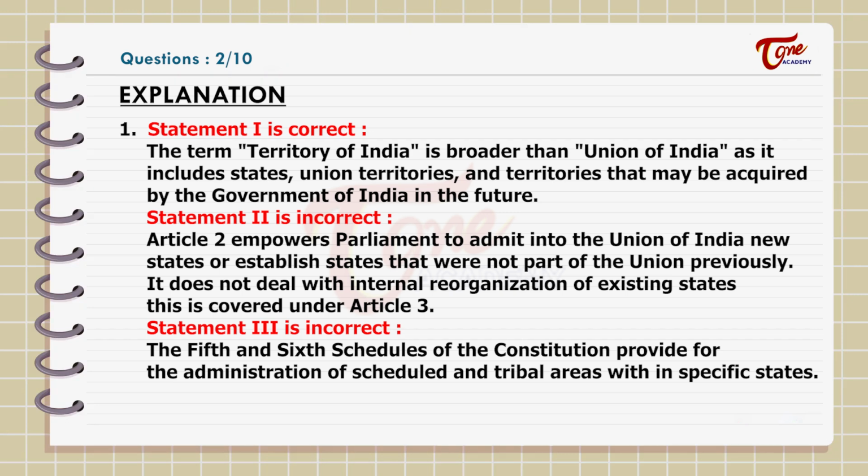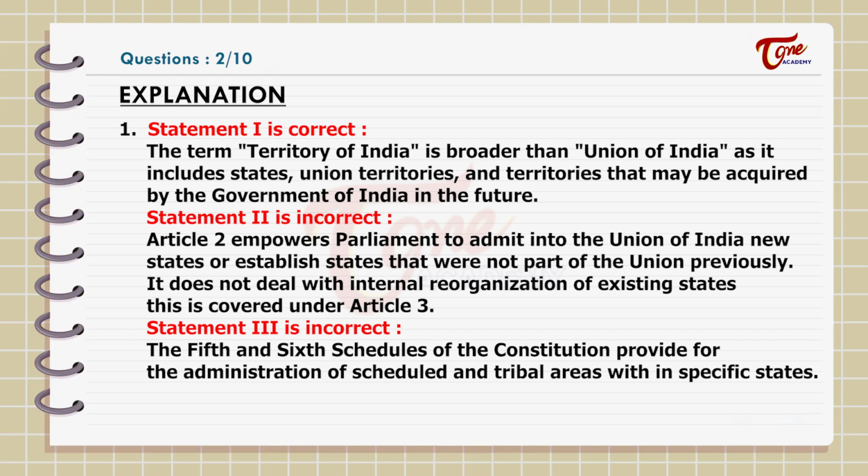It does not deal with internal reorganization of existing states. This is covered in Article 3. Statement 3 is correct. The 5th and 6th schedules of the Constitution provide for the administration of scheduled and tribal areas within specific states.